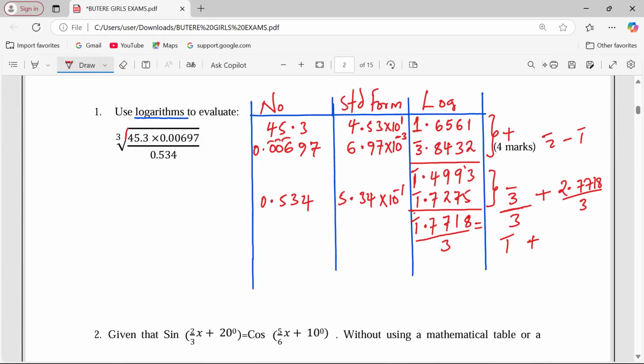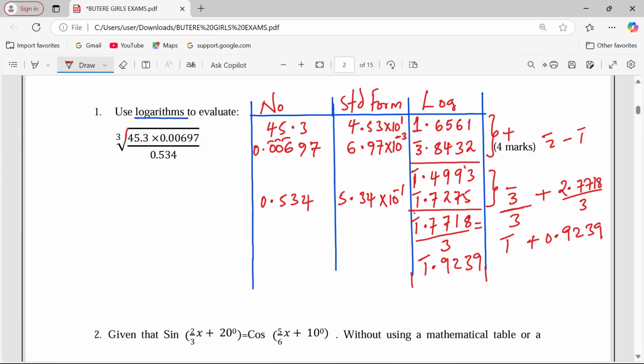So this becomes bar 1. Then we add 2.7718 over 3 also. We get 9239. So this is going to be bar 1.9239. That's how we divide it. Now, this is the final logarithm, whereby for us to get the answer, we obtain what we call the anti-logarithm.